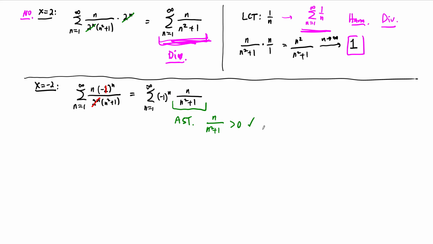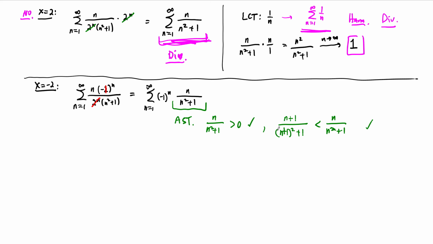You can always pause and ponder, stealing a term from 3Blue1Brown, but you can always pause this video, think about that for a minute, and check that that's truly positive. The other thing you need to check is that this is decreasing, so that n plus 1 over n plus 1 quantity squared plus 1 should be less than n over n squared plus 1. All right, and there's different ways to check that. I'm going to also put a check mark there, that that is decreasing.